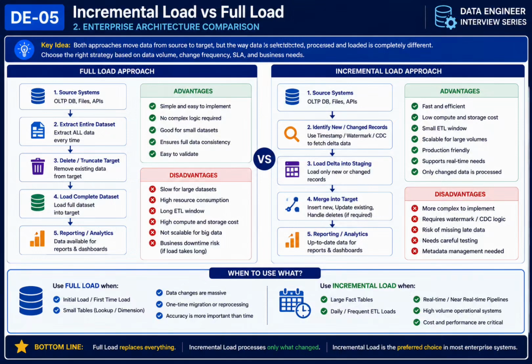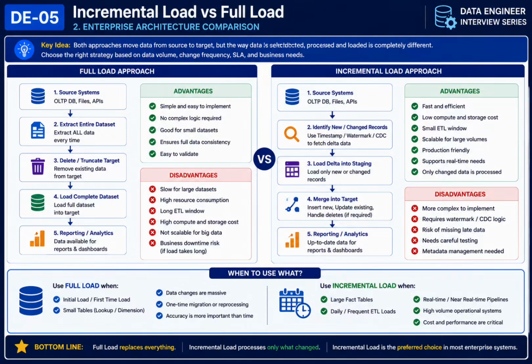Now let's look at incremental load. Here, instead of processing everything, the ETL pipeline identifies only the records that are new or have changed since the last successful execution. This is usually done using timestamps, watermark columns, change data capture (CDC), SQL change tracking, or delta change data feeds.